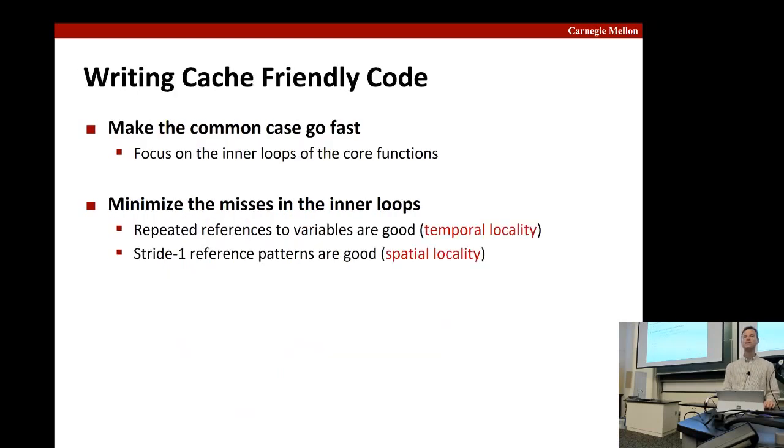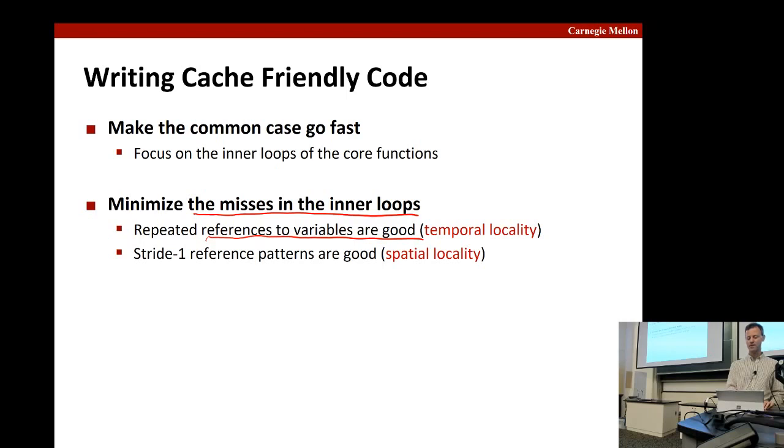Okay, so to write cache-friendly code, you want to make the stuff you're doing frequently cache-friendly. Inner loops are a good place to always look. You want to minimize the misses in inner loops. We've shown a bunch of techniques for doing that. Repeated references to variables are good, particularly if they're in registers, because then that's really fast.